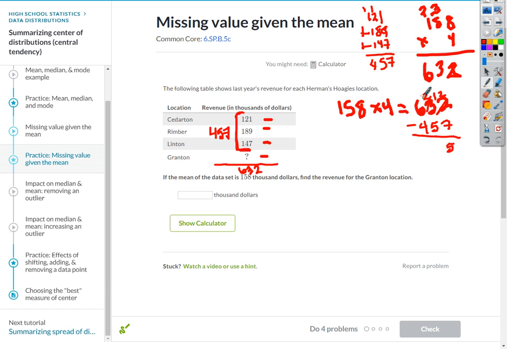This has to become a 12, so this has to become a 5. 12 minus 5 is 7. And 5 minus 4 is 1. So this missing number is 175. That's how you do it.